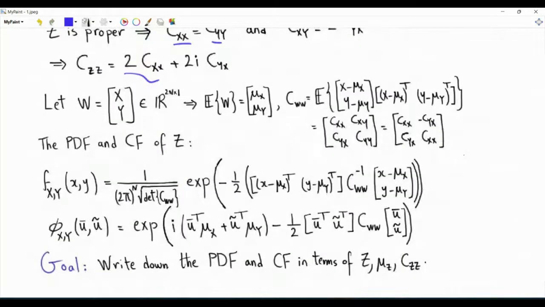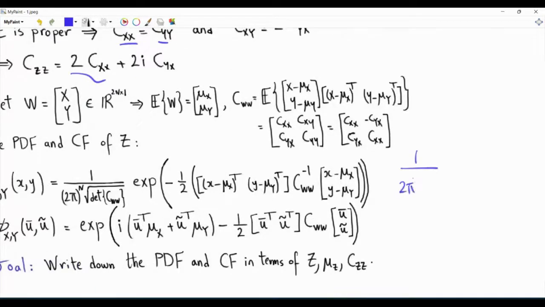So for the PDF and the characteristic function, since we are talking about a Gaussian random vector, we have formulas. I will take for granted that we know the formulas for the multivariate PDF and CF in the real case. So the PDF is what? The PDF is 1 over square root 2 pi, raised to the power of the dimension of the random vector, and then we have the square root of the determinant of the covariance matrix.